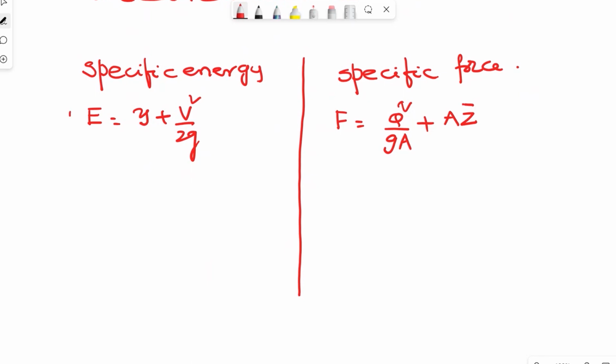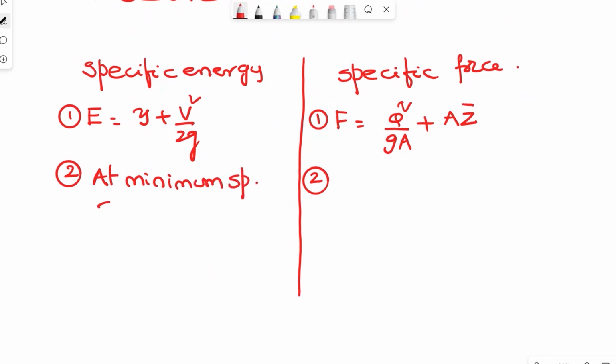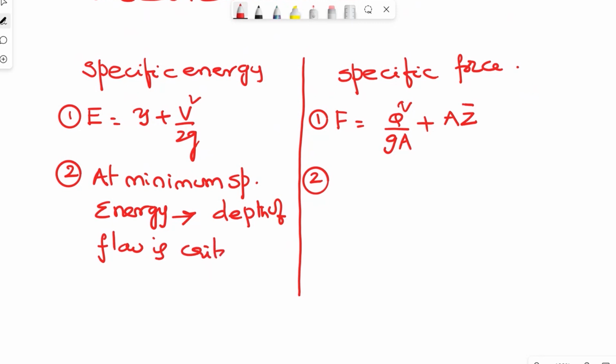Then next, the similarities I am talking about. At minimum specific energy, the depth of flow is critical depth.